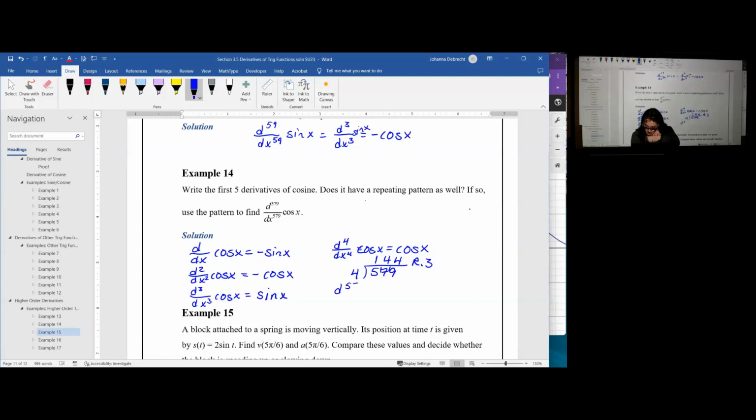The 579th derivative of cosine has to be equivalent to the third derivative of cosine, which we found to be sine.